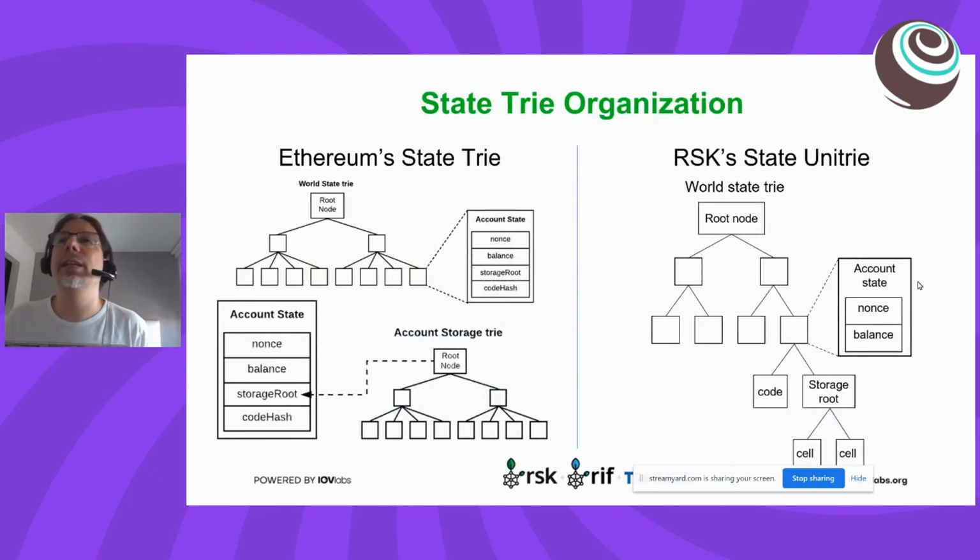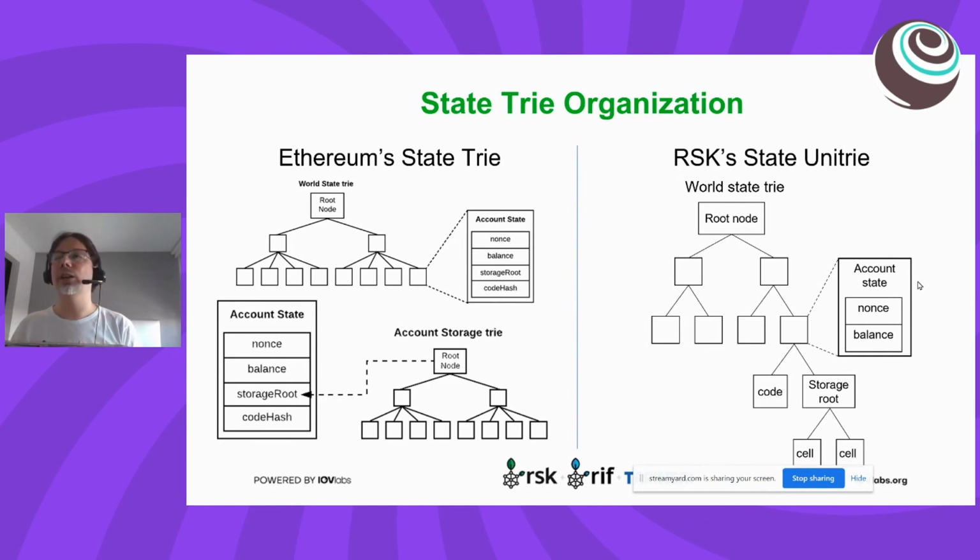But most importantly, the Ethereum trie is split between two tries at 2 levels. First, you have the account trie, where you have the account state, and the account state has this storage root that maps to a different trie, one per contract, that stores the whole storage. And in the case of RSK, it's a single trie.